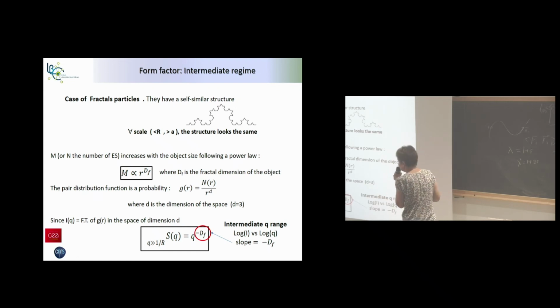And so the scattering intensity is the Fourier transform of g(r). So the scattering intensity decreases as Q to the power minus df. df is the fractal dimension. So in the intermediate Q range, if you plot log of I versus log of Q, you will have a straight line, and the slope of the straight line is the fractal dimension.